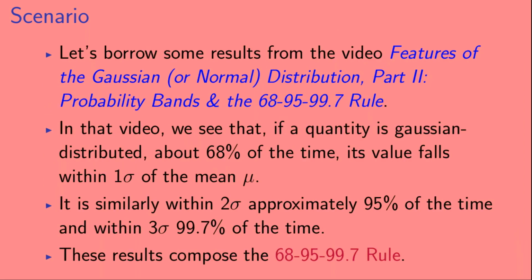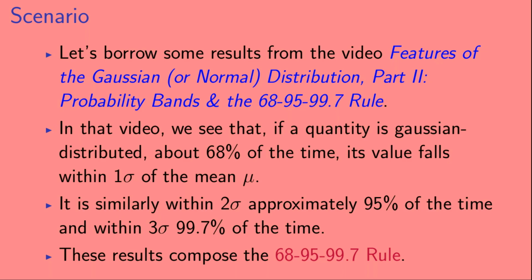Now, let's borrow some results from the video Features of the Gaussian or Normal Distribution, Part 2, Probability Bands and the 68-95-99.7 rule. In that video, we see that if a quantity is Gaussian distributed, about 68% of the time, its value falls within 1 sigma of the mean mu.